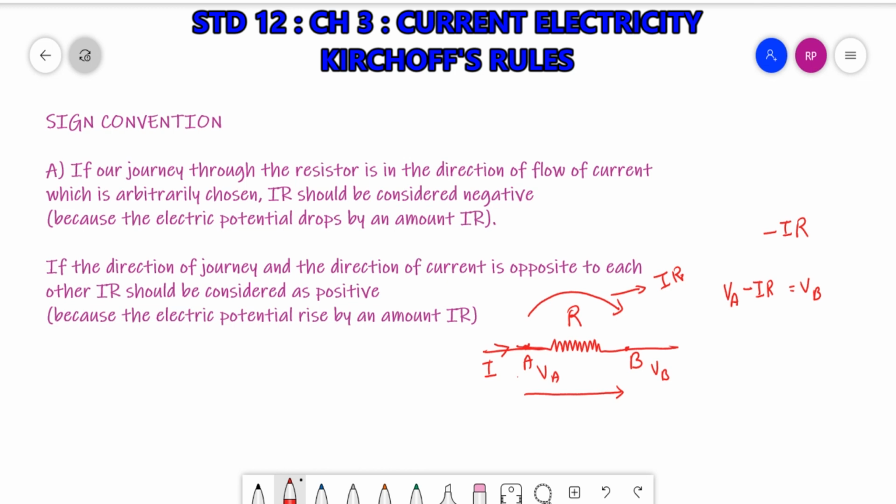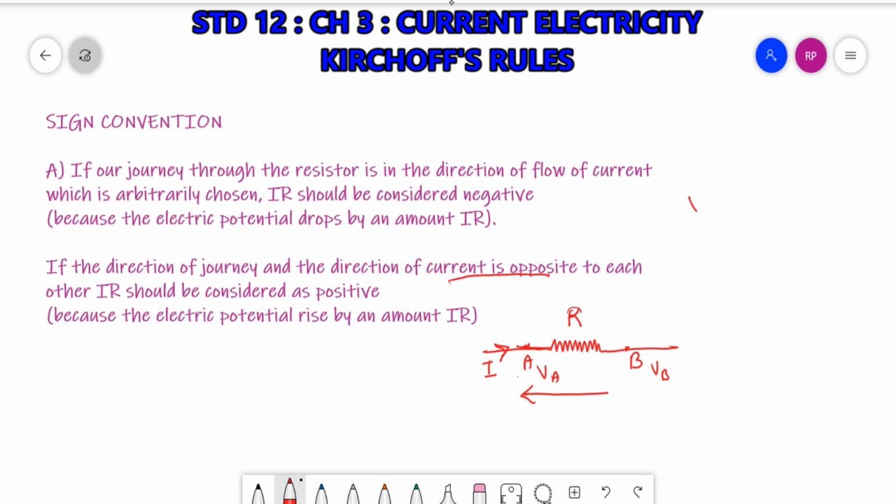If the direction of the journey and the direction of the current are opposite, then IR should be considered positive. I will take the same situation here, but now our journey is in the opposite direction. When the current flows from A to B, there is a drop of potential IR.